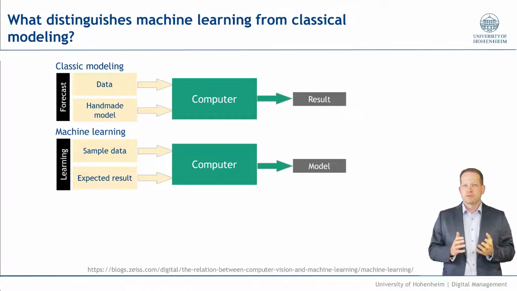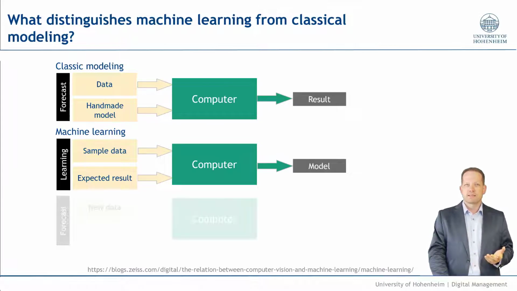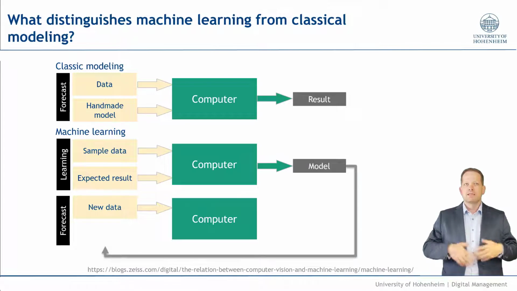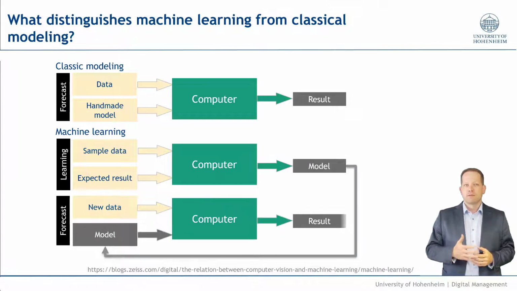You provide that to the computer, and then from that it learns a model. It learns an algorithm for how to classify pictures as either muffin or dog, or whatever the task at hand is. And then you take this model and you plug it in for the next round of using it. You provide new data and this learned model to a computer, and then it calculates results on new images.